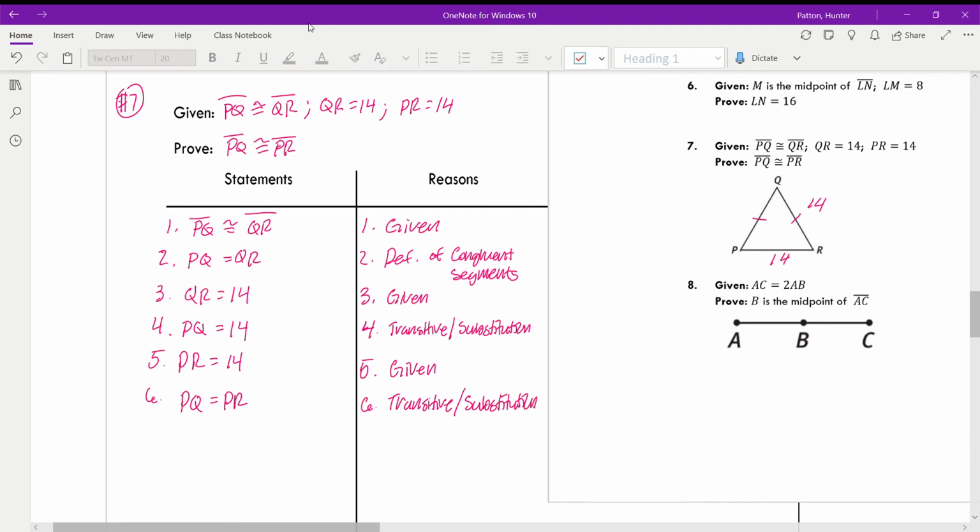Now the two segments have lengths that are equal, so step 7 would just be to say that PQ is congruent to PR by the definition of congruent segments. And there we're done.